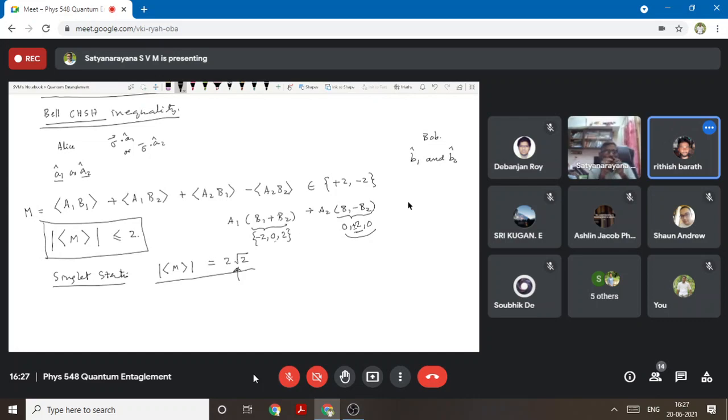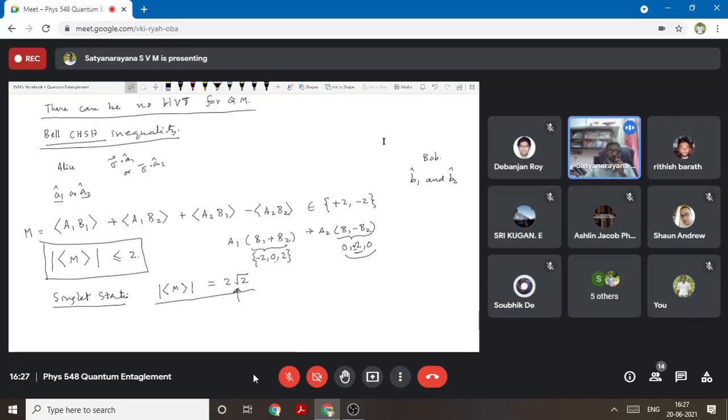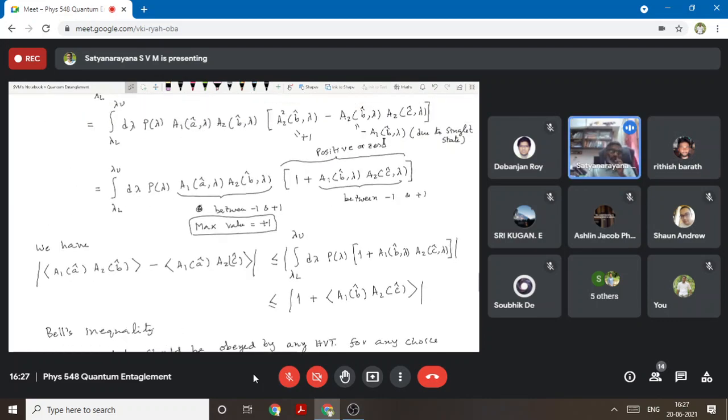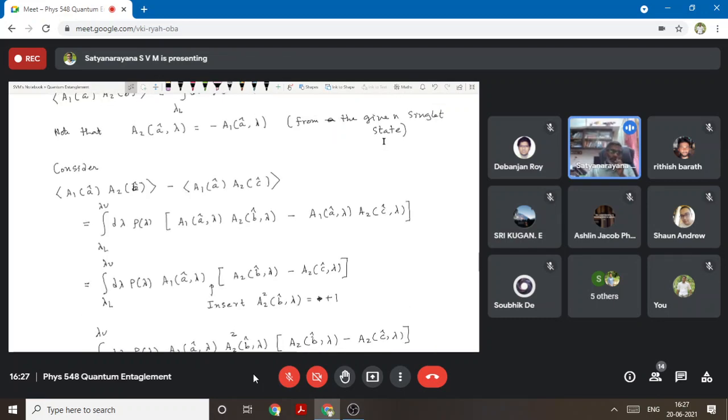Why, sir? Any particular reason why it should be bounded by plus or minus 2? No, if you look at the way Bell has constructed his theorem, it is also something like this.